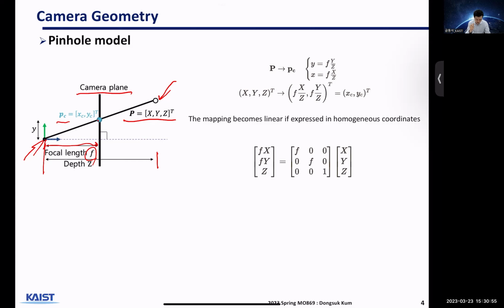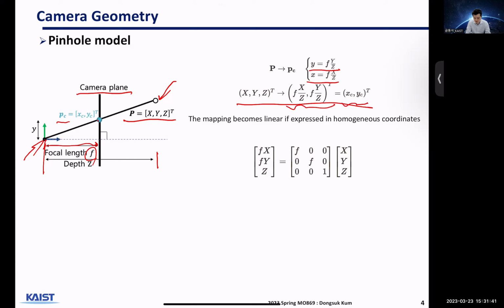When capital P is projected onto the camera plane, we are interested in their relationships. y would be equal to f times capital Y divided by capital Z, and x would be equal to f times capital X divided by capital Z. That means XYZ is proportional to these two values, XC and YC.